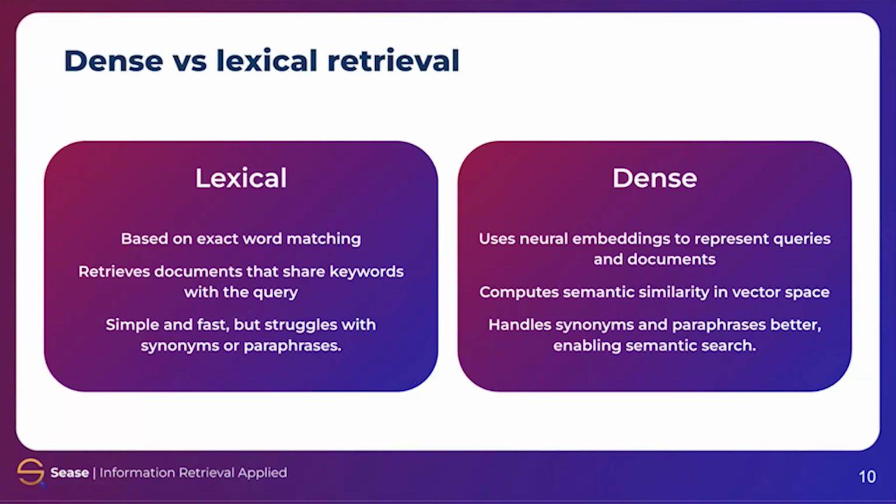Instead, with dense retrieval, leveraging embeddings, which are vector representations of a document or a query, the problem is that it's way slower than lexical search. But on paper, we hope that these vectors are capable of representing the semantics inside a document or the query.